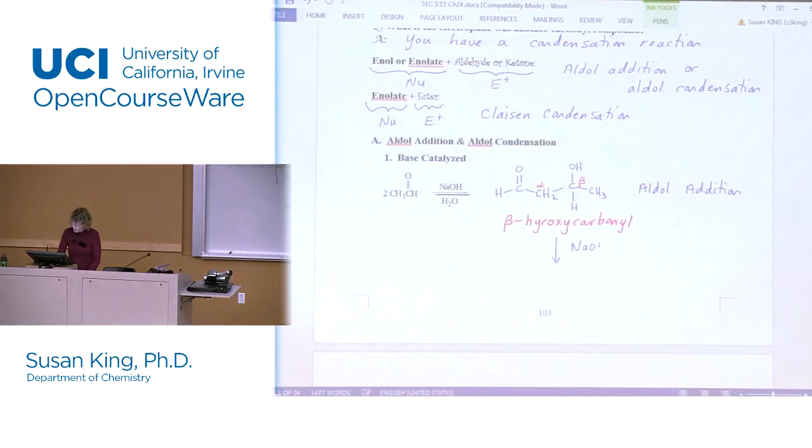With more sodium hydroxide, and typically heat, though not necessarily, you could do a dehydration. If you do a dehydration, you get an alpha-beta unsaturated carbonyl, and that's called an aldol condensation product.